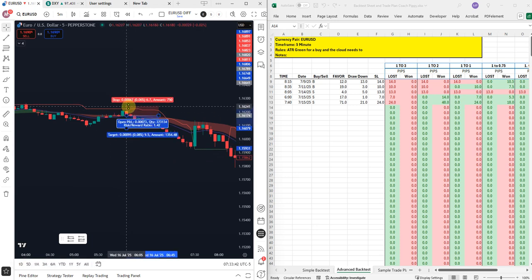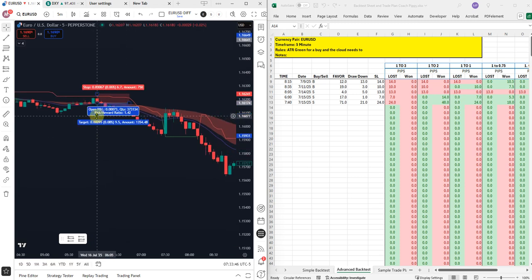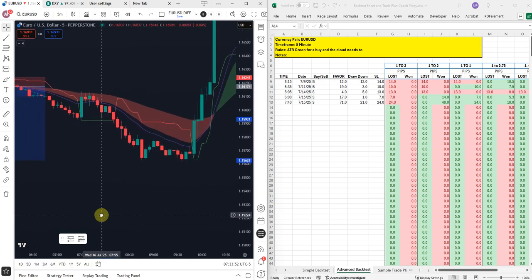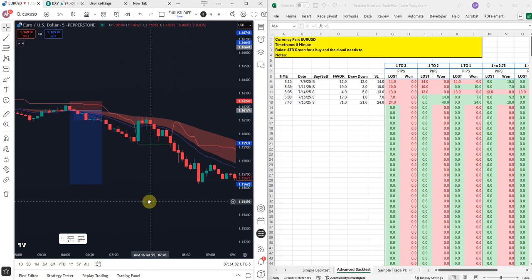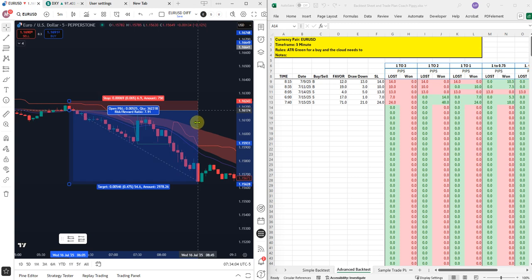We have a small 7 pip stop loss. And how far did it go in our favor? About there. So it looks like maybe 1 on the drawdown right here. If we measure it, yep, 1.6. And the favor was about 55, so we'll say 54.